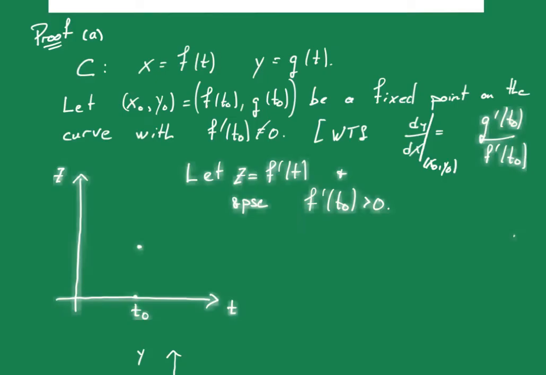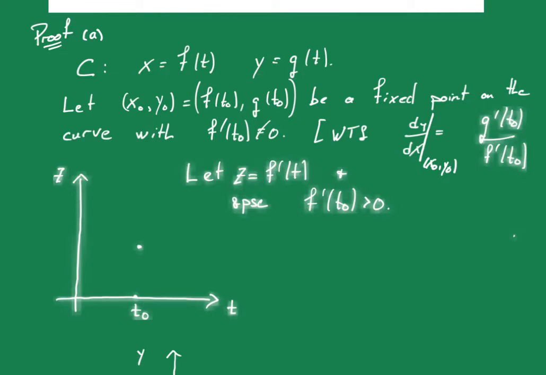All right, I want to provide a sketch of the proof of part A. Part B was immediate from part A. So we suppose that C is our parametric curve described by these parametric equations here.